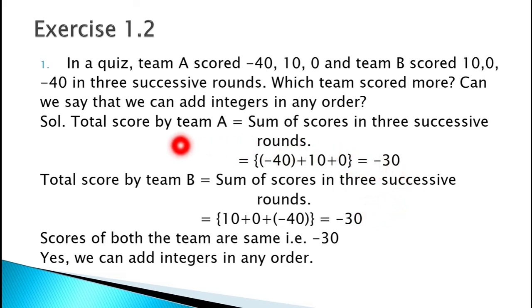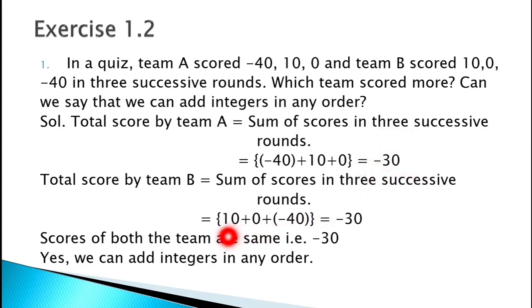So we can say that the total score by team A is equal to minus 30 and the total score by team B is also equal to minus 30. Hence, the scores of both teams are the same, that is minus 30. Again you can see that here first we add minus 40 to 10 and then 0, and it gives the result of minus 30.